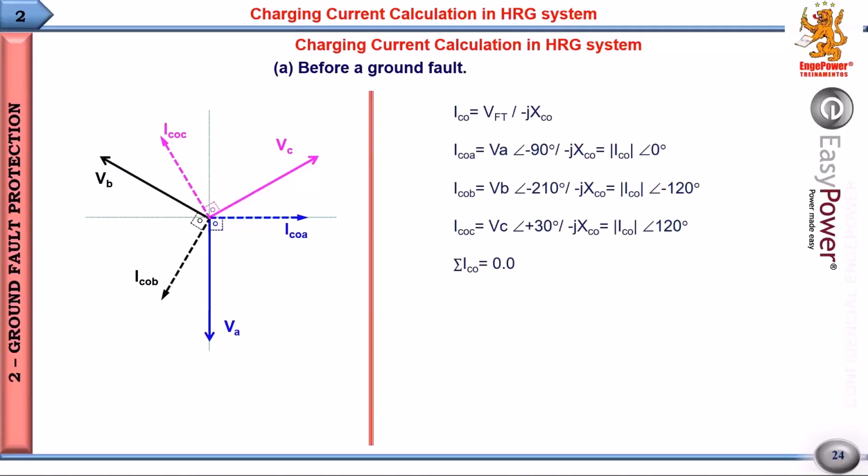So before a ground fault happens in HRG systems, these currents are balanced. And so they have the same magnitude and the same phase shift angle. And the summation of the three currents equals 0. Okay?